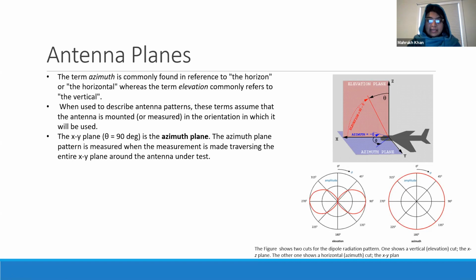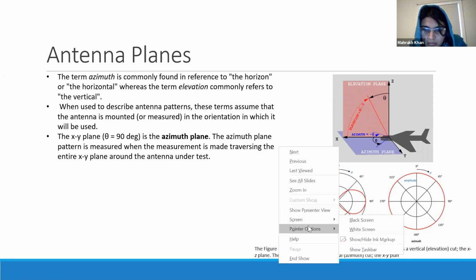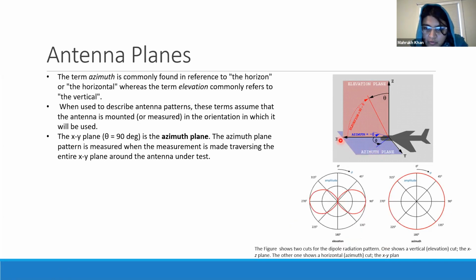We are saying that this horizontal plane is the azimuth plane and this vertical plane is the elevation plane, okay? Another way of looking at it is that if you are seeing the rectangular coordinates, your XY plane is the azimuth plane, right?